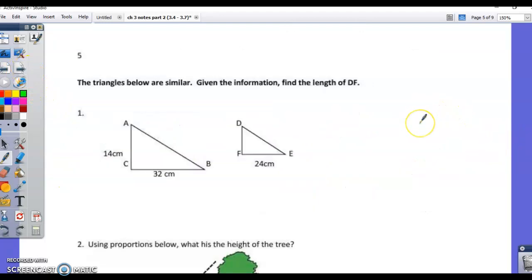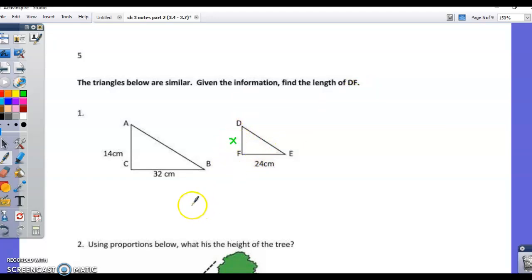All right, so the next examples we have are triangles below that are similar, then we can find an unknown length. So if we look at this, we have AC is 14 centimeters and CB is 32. And as long as these are similar, which they are given, we then can find our unknown of DF.